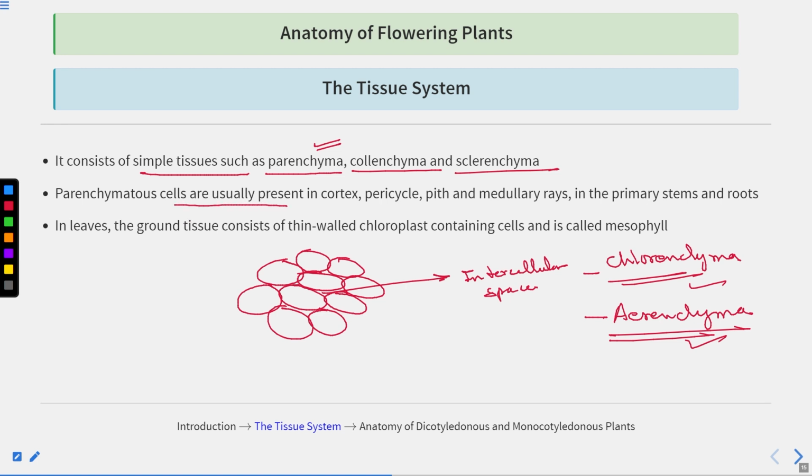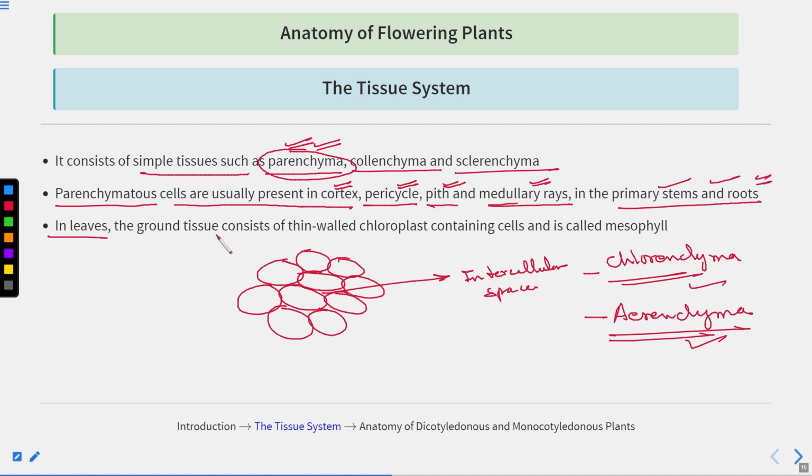Parenchymatous cells are usually present in the cortex, pericycle, pith, and medullary rays in the primary stem or root. If we see the primary structure of the root and stem, we can see these parenchymatous cells in the cortical region, the pericycle region, the pith as well as the medullary rays.